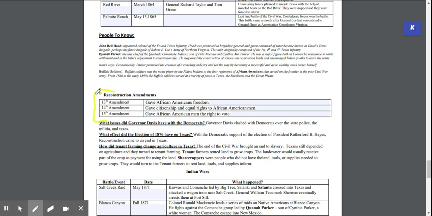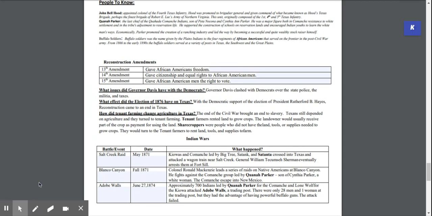The 13th Amendment to the Constitution gave African Americans their freedom. The 14th Amendment gave citizenship and equal rights to African American men. And the 15th Amendment to the Constitution gave African American men the right to vote. These are important to know. I do have a video for all of the 13th, 14th, and 15th Amendments.